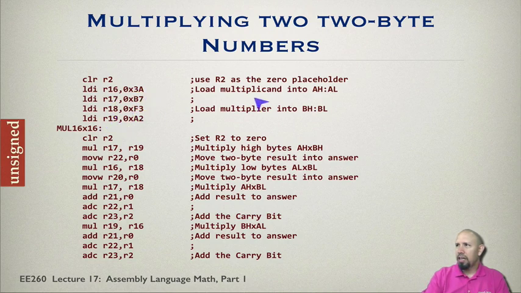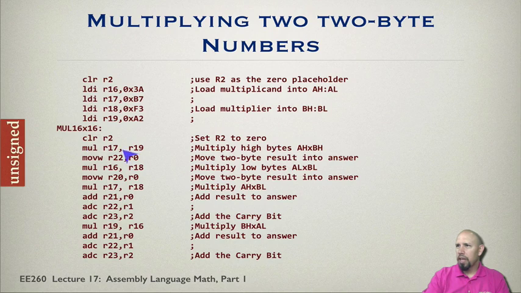The multiplier is the low byte. This is A and this is B in terms of numbers, as we had before. So we're going to clear R2. I guess we don't need to clear it twice. We're going to now do this multiplication.